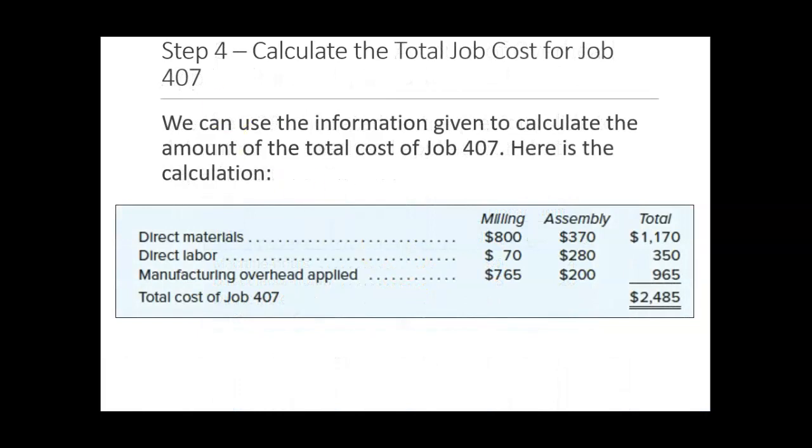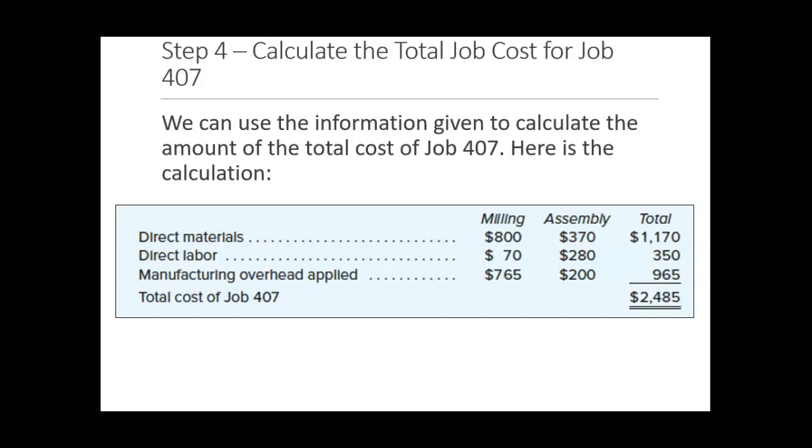All right, so we add in the overhead costs in the milling and assembly department to get a total cost for this job of $2,485.